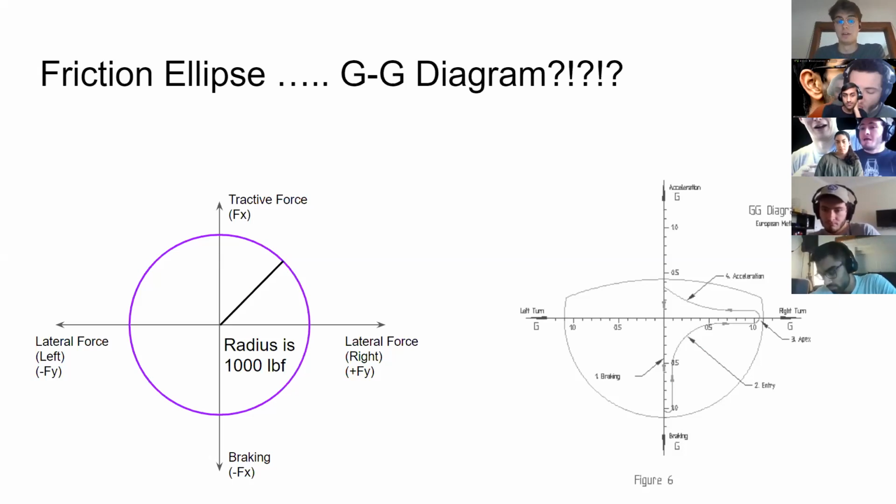So in theory, we could take our GG diagram, take that accelerometer data, and if we knew the mass of our car, we could get a sense for how much total force our tires were applying. But then it's very difficult to understand how much force each tire is applying. What we can do instead is look at the forces in our control arms, which is why we put strain gauges, or for this year, we're going to put strain gauges on our suspension members, because understanding how much force is going through those suspension members will determine how much force is being applied at the tire.